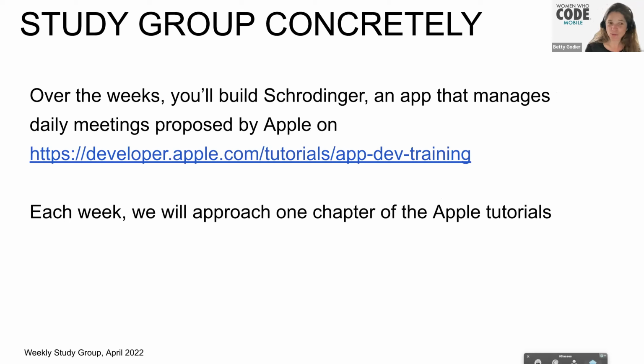So which app? This is called Scrumdinger, an app that manages daily meetings, and as I mentioned before, it's proposed by Apple. Why Apple? Because it's from Apple, and the Swift language is also Apple's, so we chose this one.